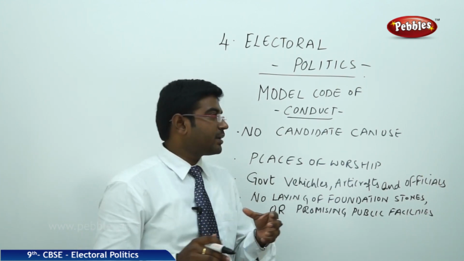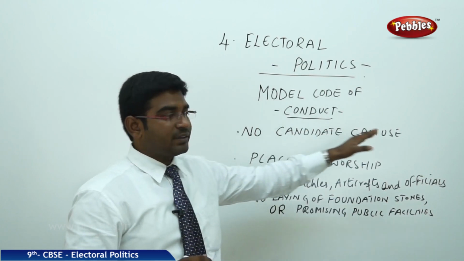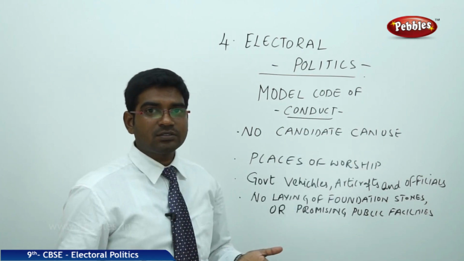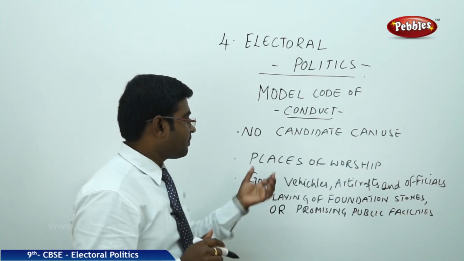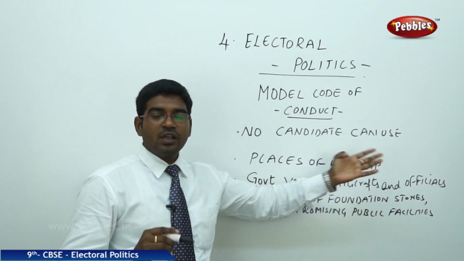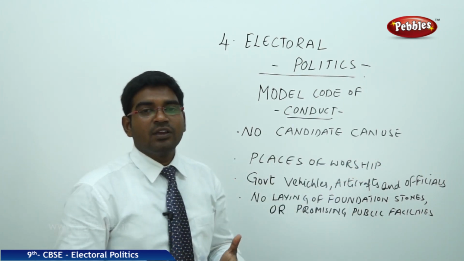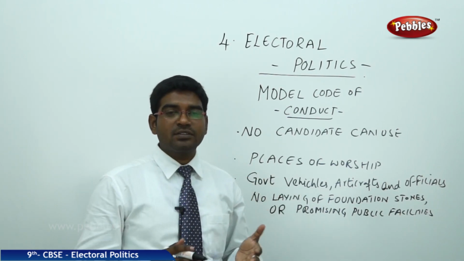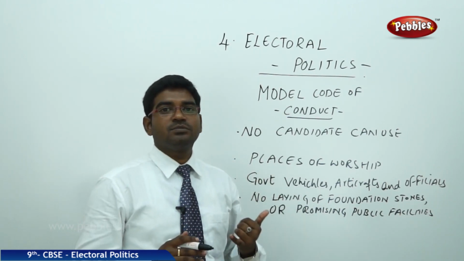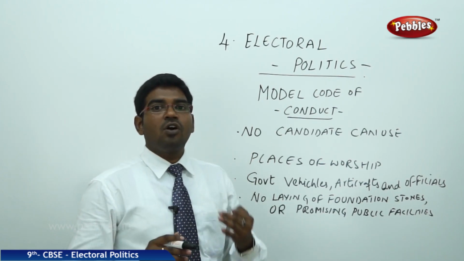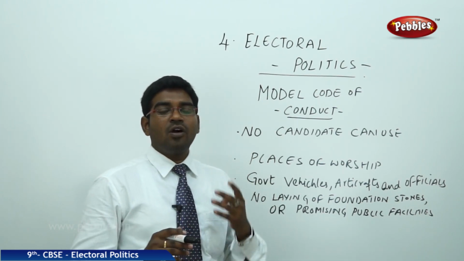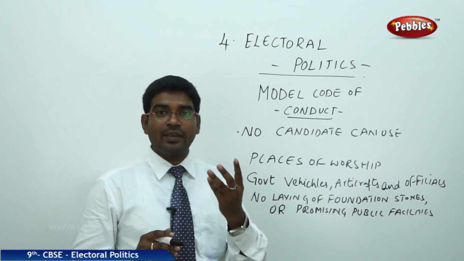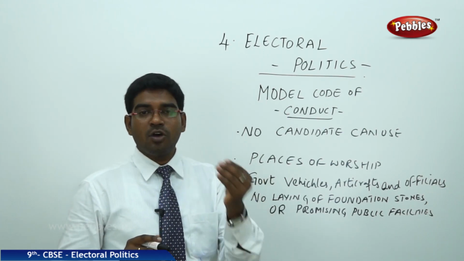So what is actually the model code of conduct? No candidate can use the places of worship for his election campaigning. No party leader can conduct any political meetings in a church, in a masjid, or in a temple, or in any of the lands which belong to a temple, church, or mosque.